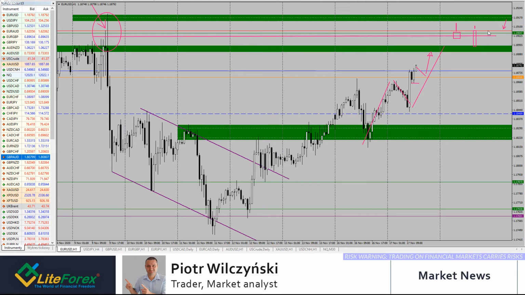Anything where there is a failure, I'm going to try to take advantage of the intraday short setup. So looks like for now, when it comes to the euro dollar, both sides have a possibility to fight on the market. So that's how I see the euro dollar.